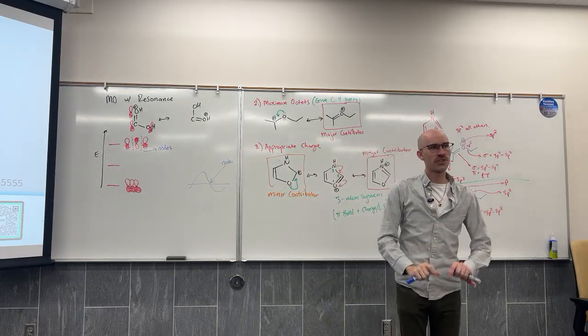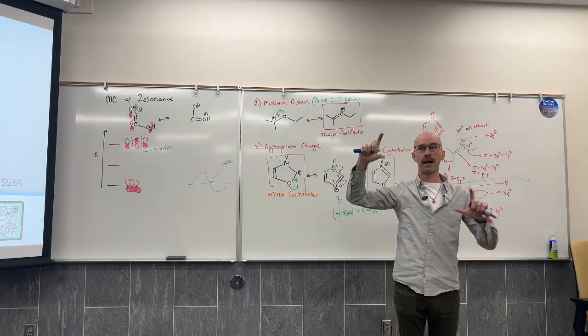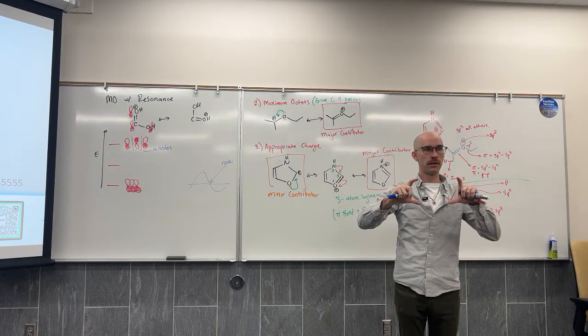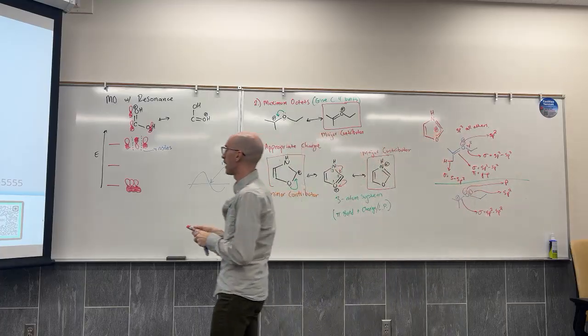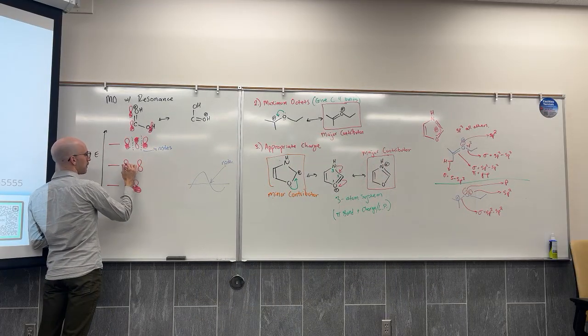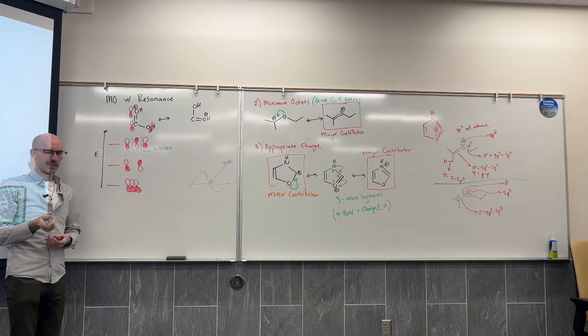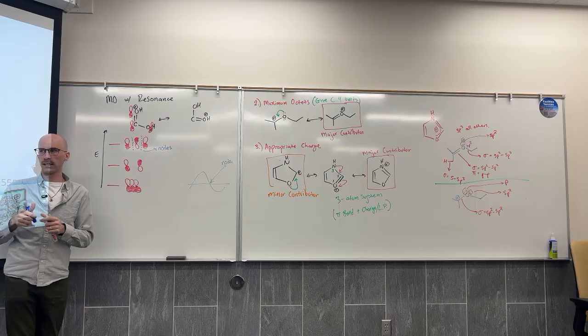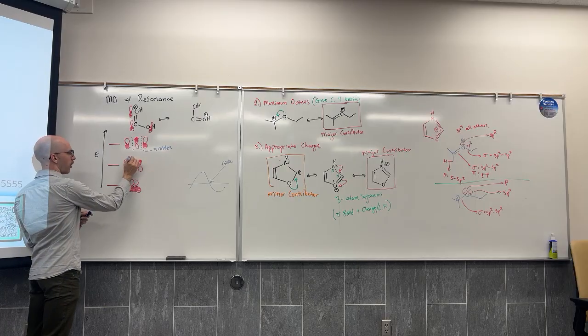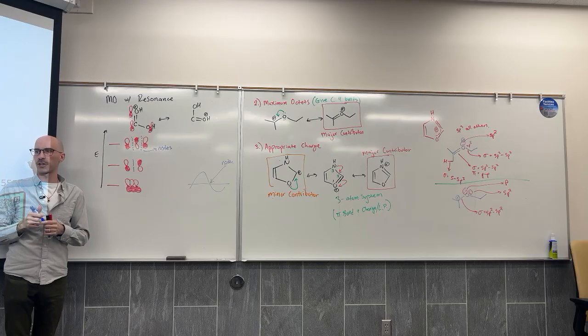So how do I go from 0 nodes to 2 nodes? I must have an orbital in the middle that has 1 node. And nodes find themselves symmetrically in a structure. So this 1 node is going to have to go in the middle of the structure.